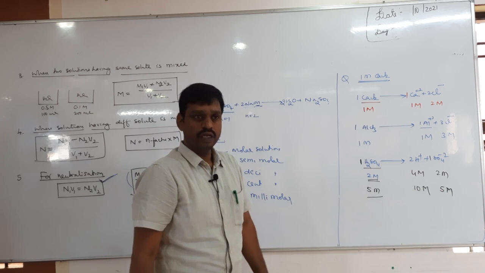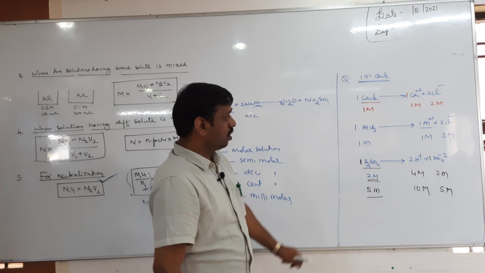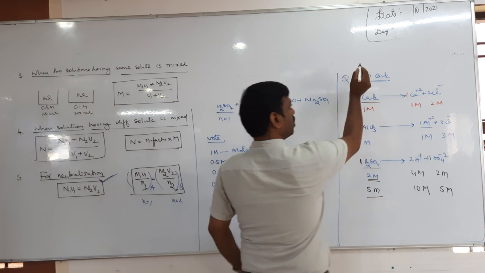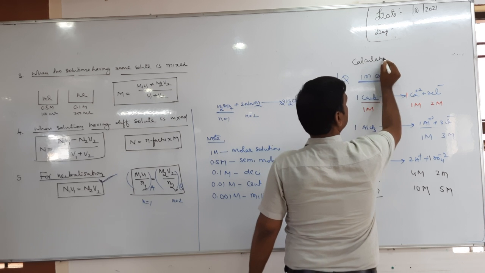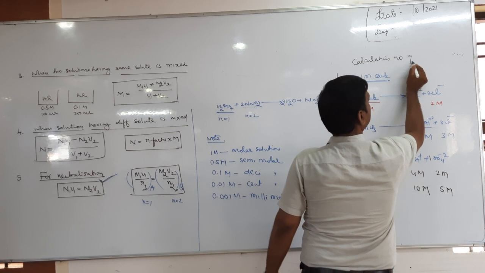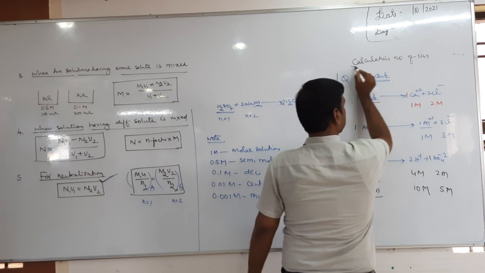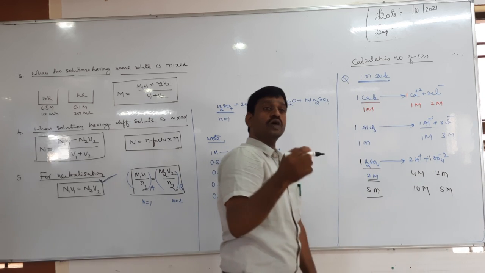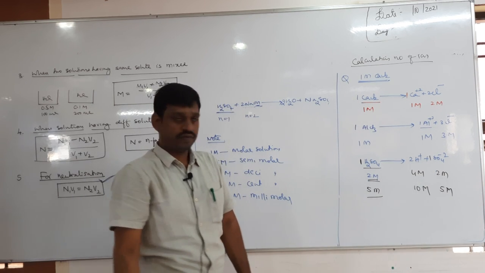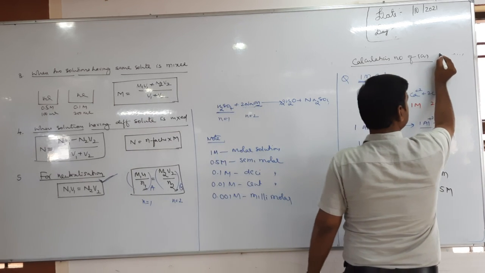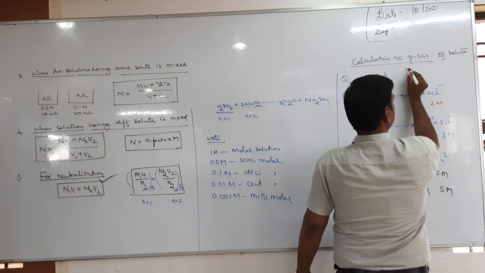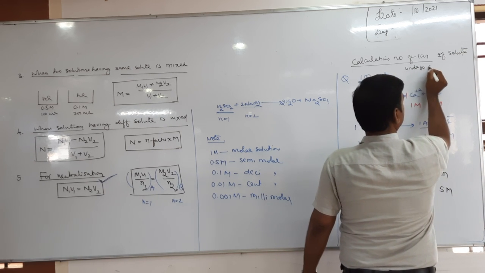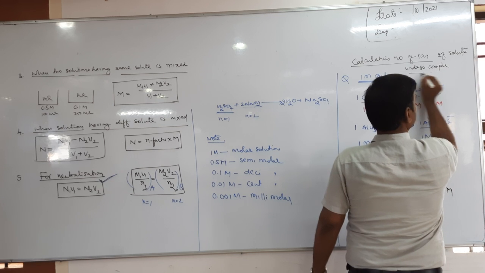Okay, so in this we can calculate the number of ions. So here, calculation of number of ions, but the condition is what? If solute undergoes complete ionization. So the condition is if the solute undergoes complete ionization.